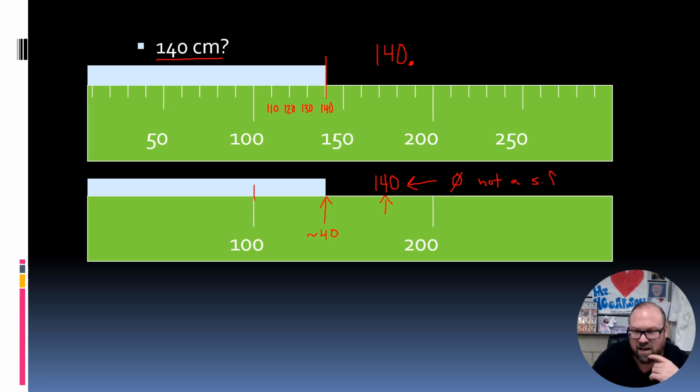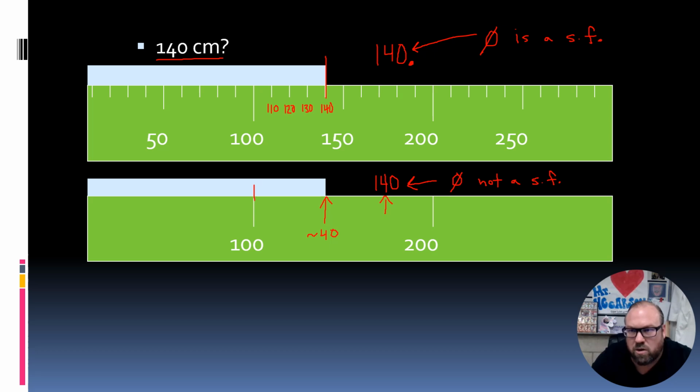If I put SF, that's just me shorthanding for sig figs, because I'm not very tactile with my mouse as a pencil. Now up here, because this one counts by tens on the top ruler, and we know it ends right on the line for 140, and we put a decimal, this 0 is a sig fig.